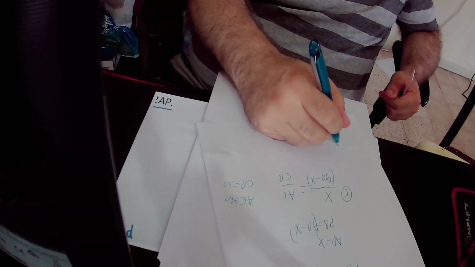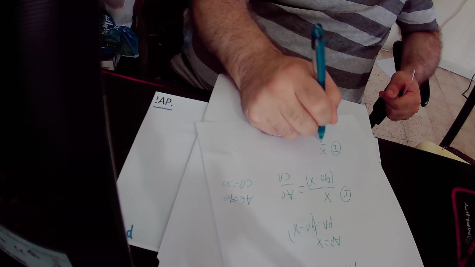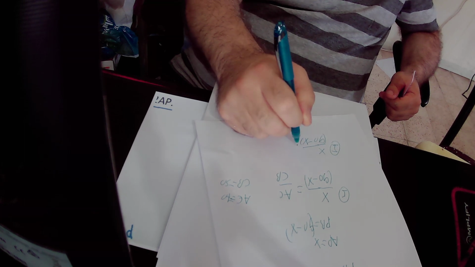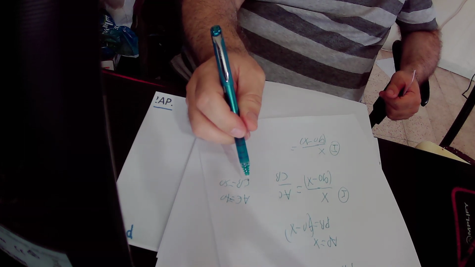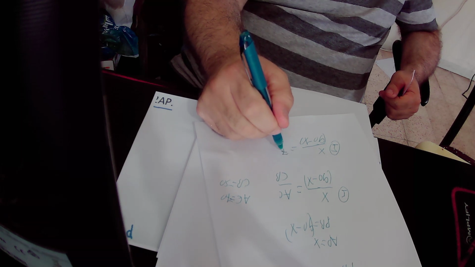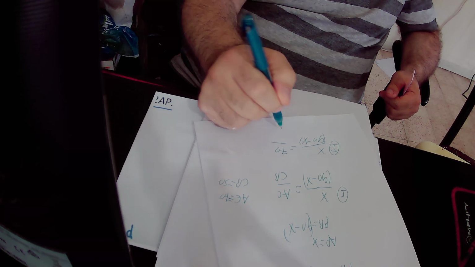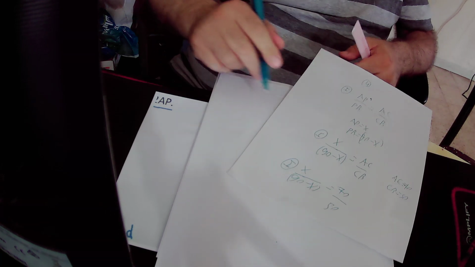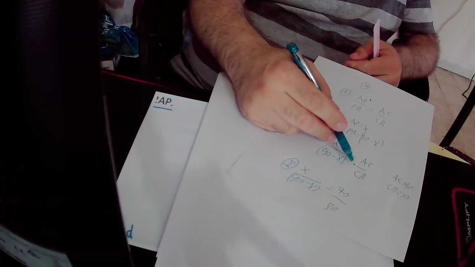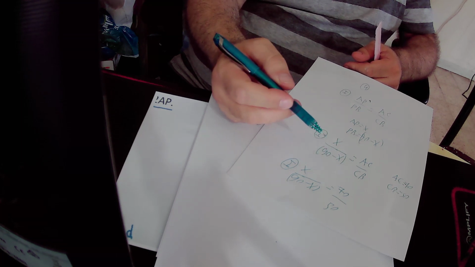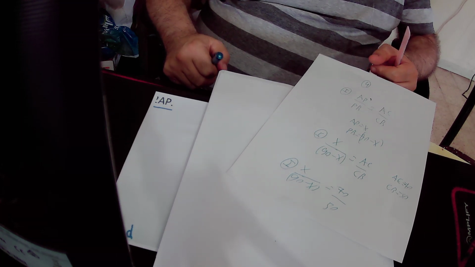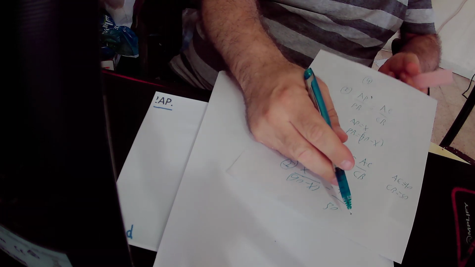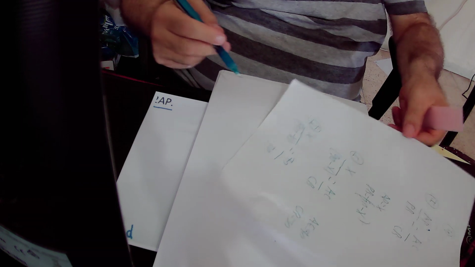Okay, so X over 90 minus X equals 70 over 50. Here we substituted AC by 70 and CB by 50, and also 70 equals 7 times 10 and 50 equals 5 times 10. I will write it here.